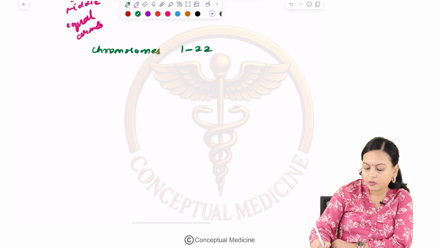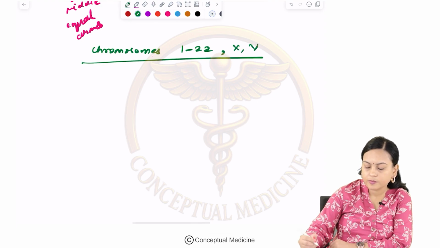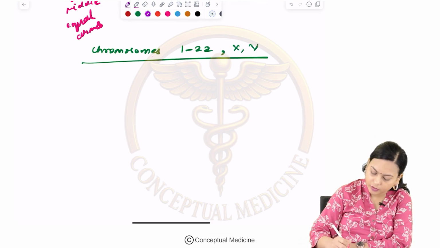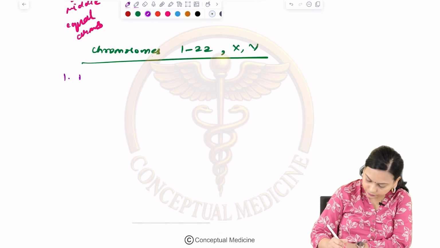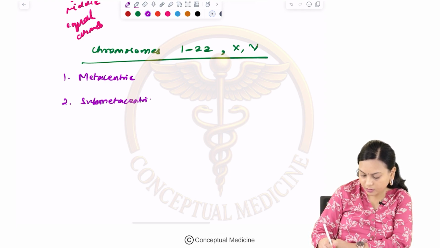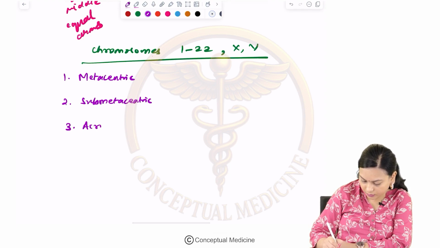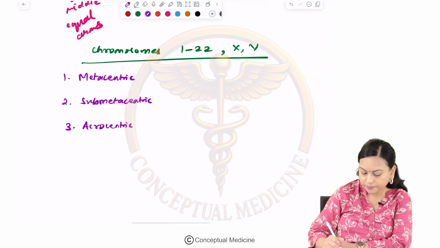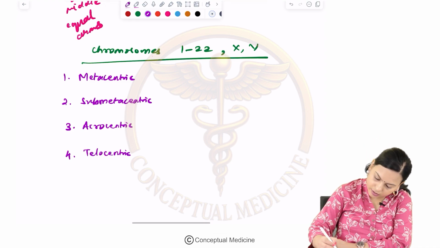We will classify the chromosomes 1 to 22 and the X and Y chromosomes according to this classification: metacentric, submetacentric, acrocentric and telocentric.